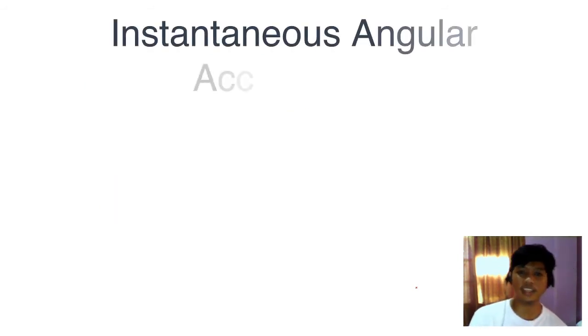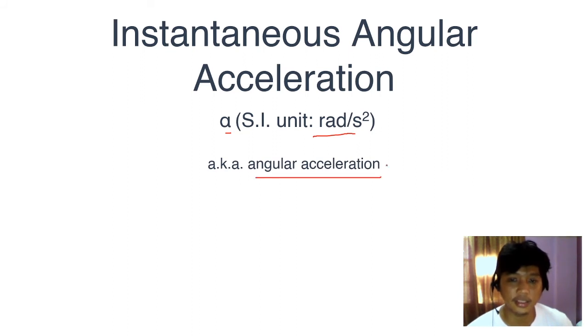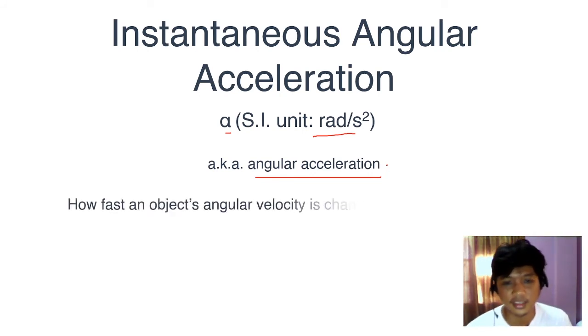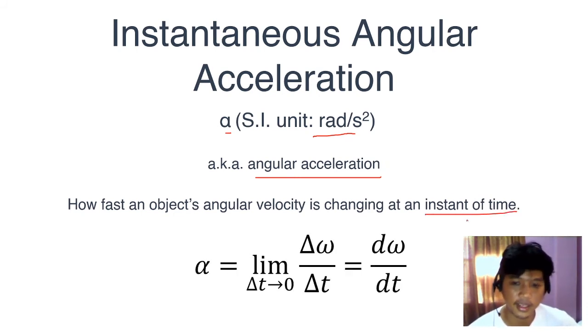How about instantaneous angular acceleration? So the symbol is just alpha, without the AVG at the bottom, and the SI unit is still radians per second squared. When we talk about angular acceleration, without the subscript, we mean instantaneous angular acceleration. It's again a rate of change, but a rate of change at an instant of time. And again, we derive d omega dt.